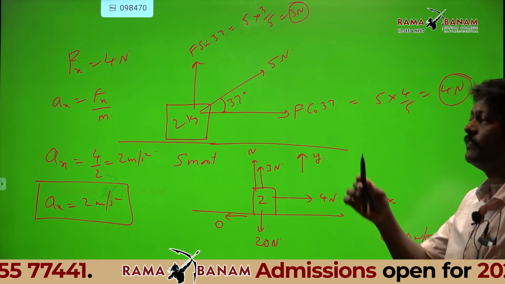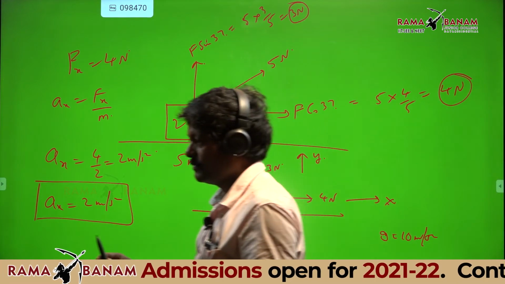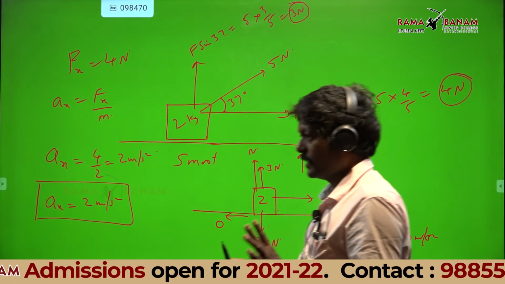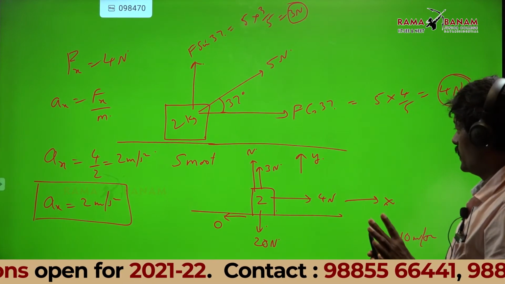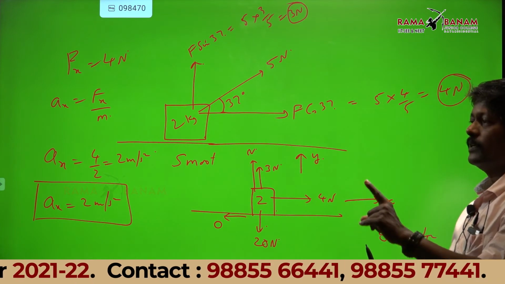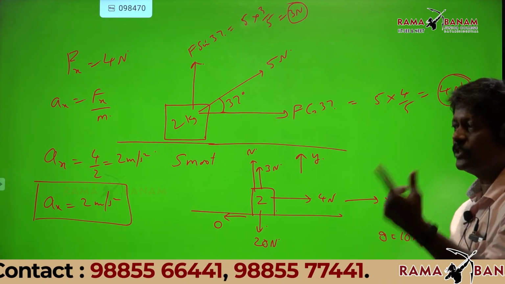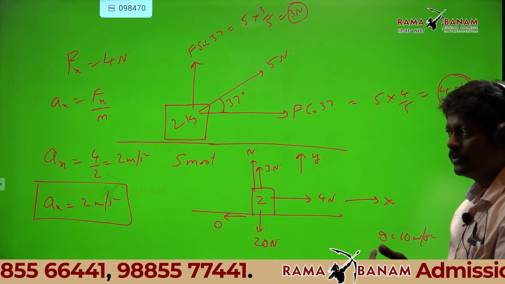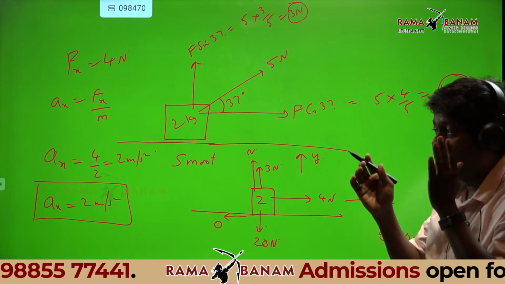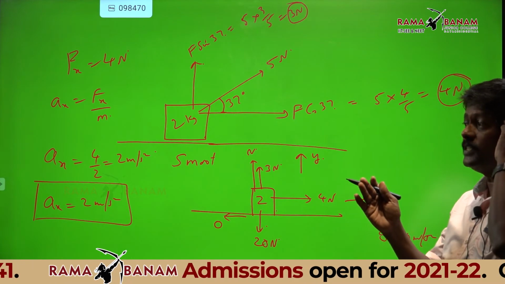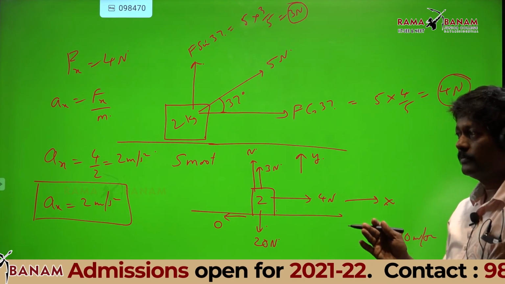It is not moving in the vertical direction. Therefore, net force should be 0. Again I am repeating, direction is very, very important.